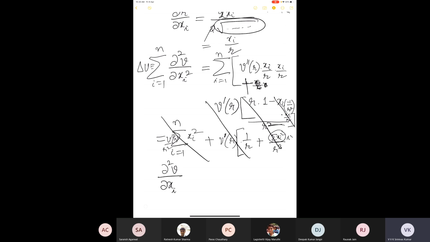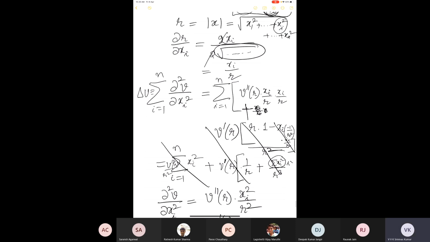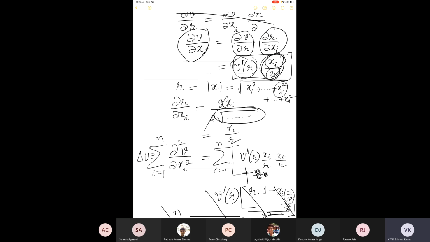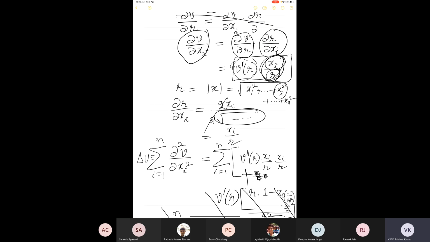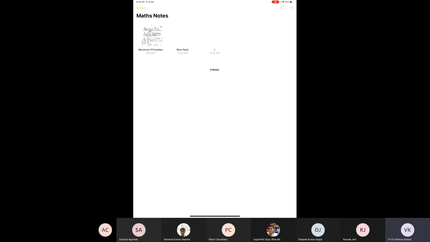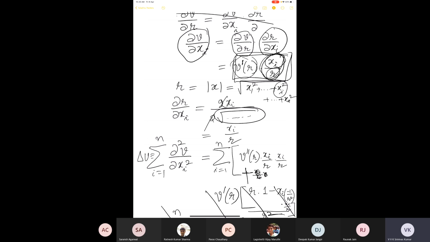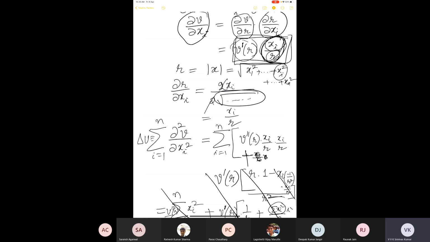We are differentiating del xi v double prime of r in v prime. From here we have to differentiate again. I'm differentiating xi upon r.